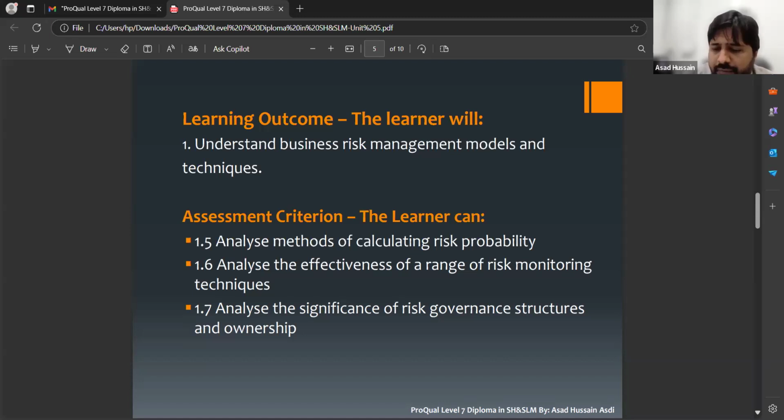If he has to develop, monitor or evaluate the effectiveness in future, he should know very well what the risk monitoring techniques are, because if he fails to understand the techniques and their effectiveness, he will be unable to develop and measure effectiveness.